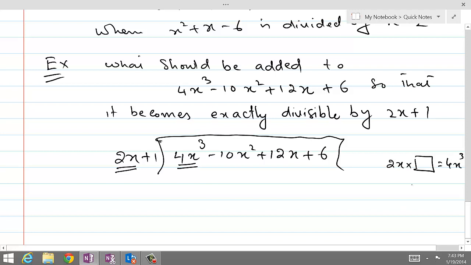Clearly 2 should be multiplied with 2 and x should be multiplied with x squared. So the answer here is 2x squared. 2x squared times 2x will give exactly 4x cubed. But whatever we multiplied 2x with, we have to multiply this plus 1 with the same number.